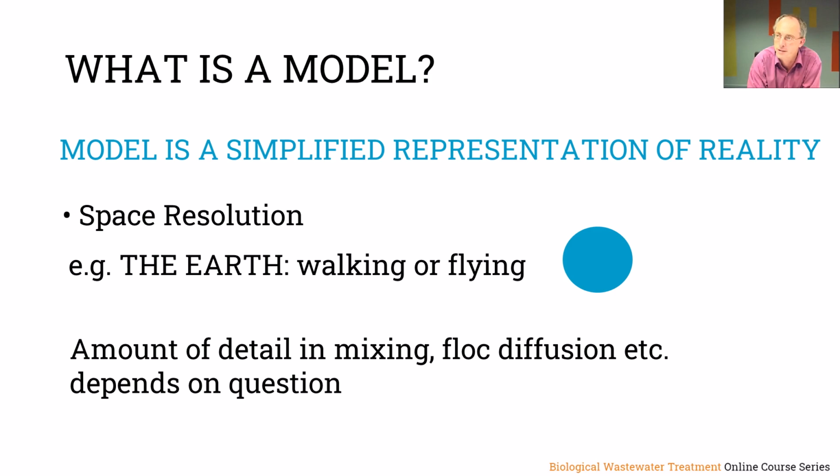There we will have a gradient of concentrations, and it's possible to describe that, but you will see that in normal activated sludge modeling, that gradient we neglect, because it's not relevant enough for most cases to take into account. So we don't describe it at the length scale of an activated sludge flock, but generally at the length scale of a reactor, which is meters or even tens of meters, depending on the conditions.